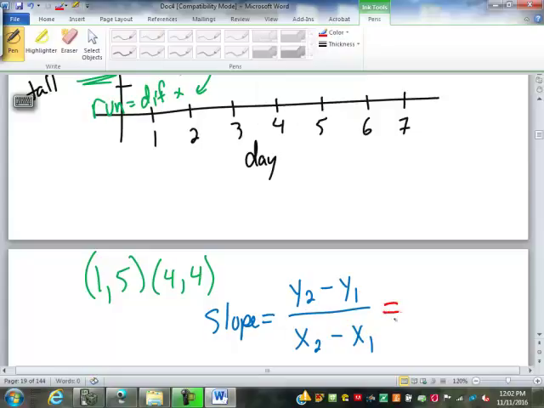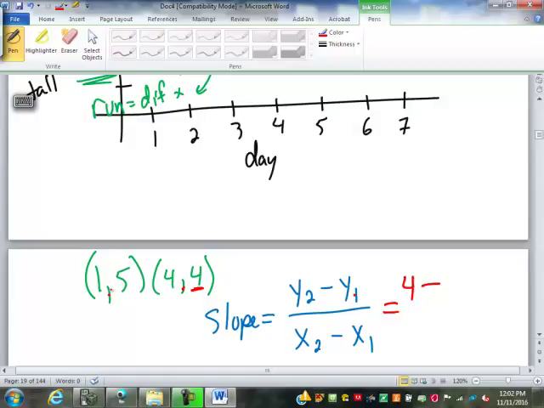So what does that mean? y2 is the second y coordinate. So I go to the second point, the y coordinate is 4, minus y1, the first point's y coordinate.